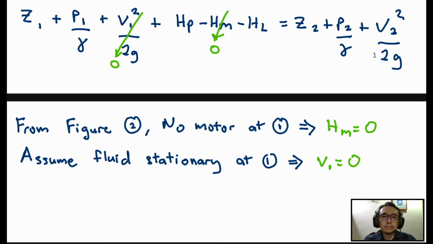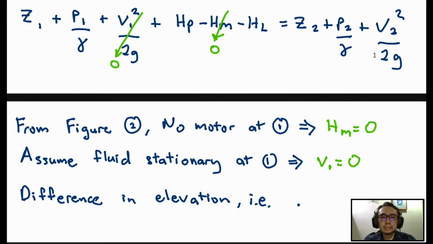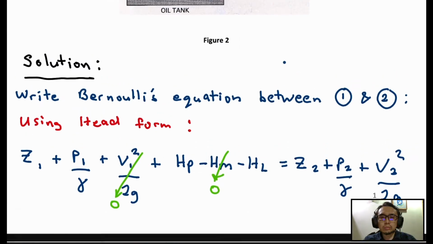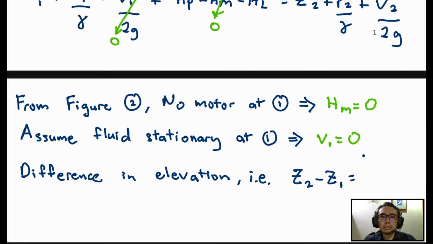Next, the difference in elevation is also given. If we label this Z2 and this Z1, then Z2 minus Z1 should be equal to 20 feet.